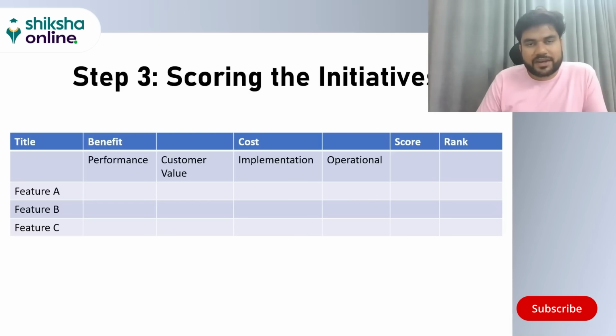Based on the score, you can rank these features, and obviously the features which fit in a better manner in terms of the benefit they are providing and the cost they have take the first place, and in turn take the priority for us to implement in this roadmap.